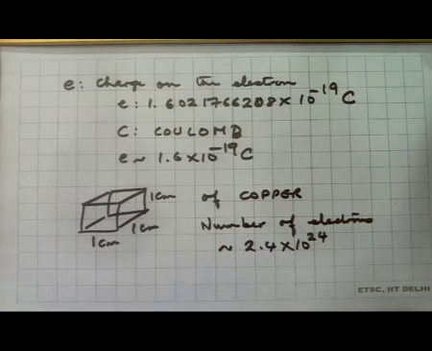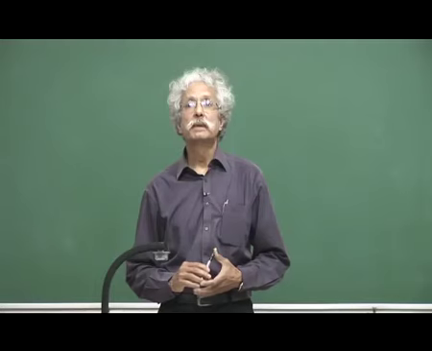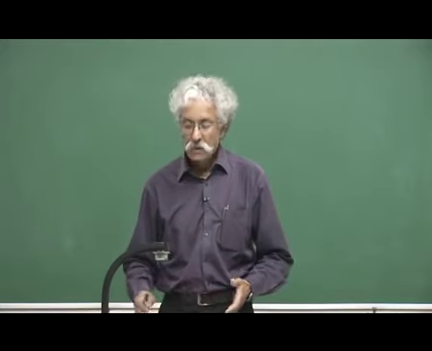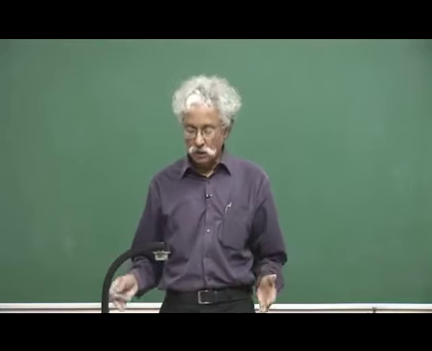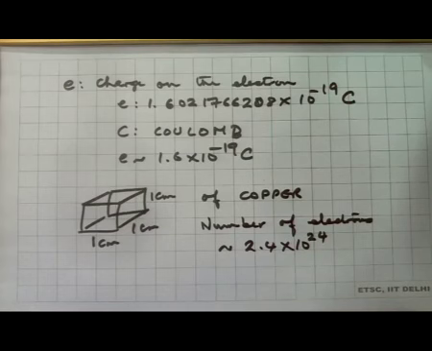So, 10 raised to the power 24 is 1 followed by 24 zeros. It is a huge, huge number, and there are so many electrons within the volume of copper, and for each electron you have a proton inside copper.